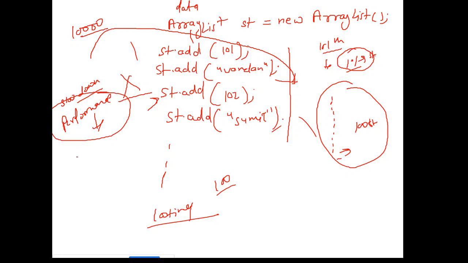But to overcome this problem, what you have to do is like this. Suppose you have multiple data to store in an array, like int roll number equals new int.